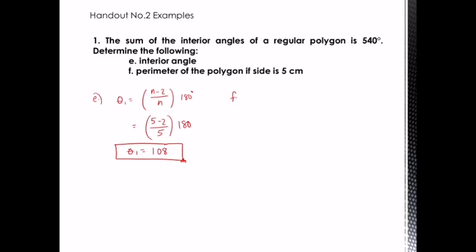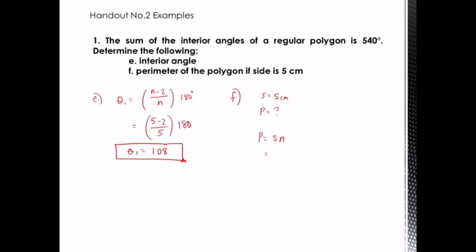Letter F. Perimeter of the polygon if side is 5 cm. So S is 5 cm. Pila kuno ang perimeter. Perimeter is given by the formula Sn.